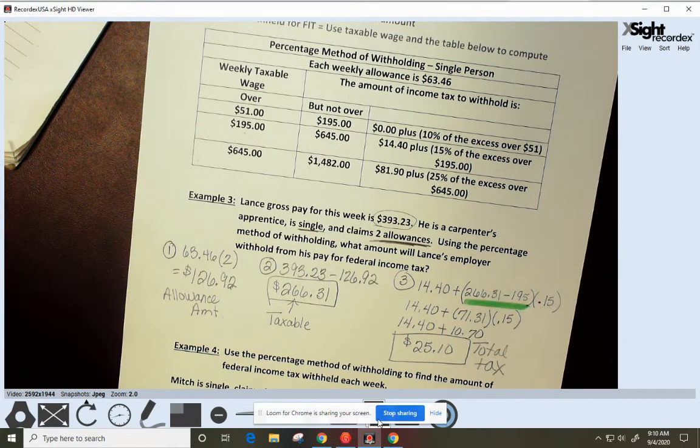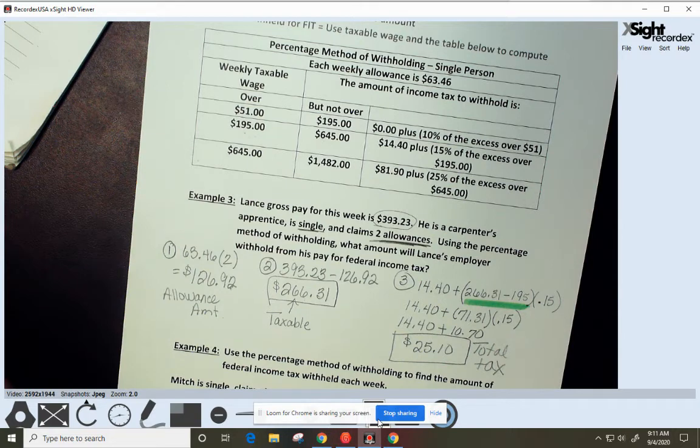So it's a little bit more in detail about dealing with things. It's a little bit more of a structured stepwise thing other than just looking at the table. Most of your businesses that are going to do the percentage method like this will just type your information in and let the computer figure it up.